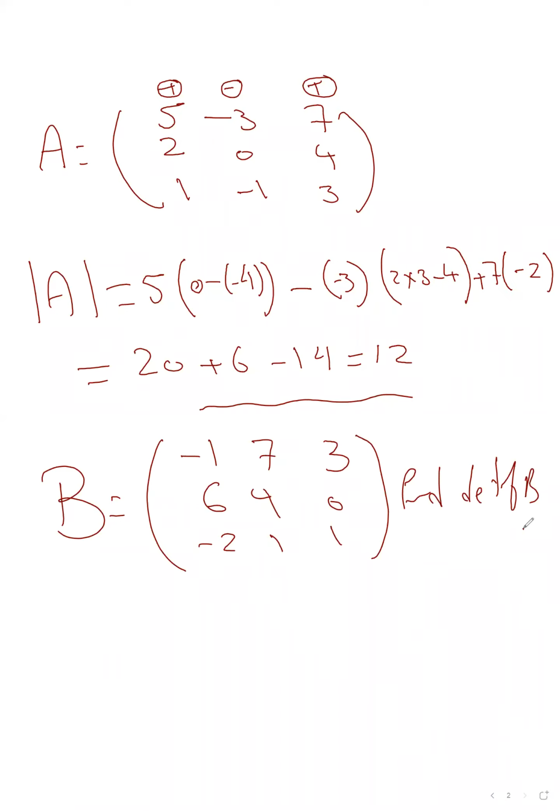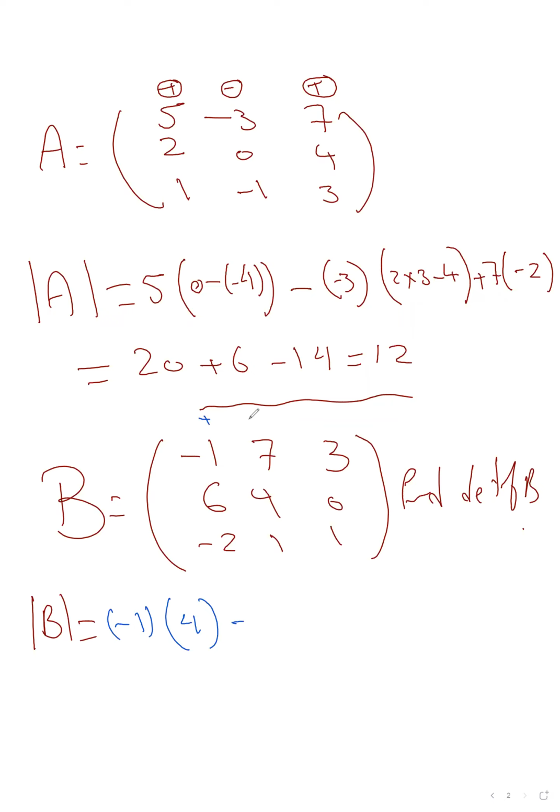Determinant of B equals, let's see, negative 1, and cancel its row and its column, it will be 4 times 1 minus 0 times 1.